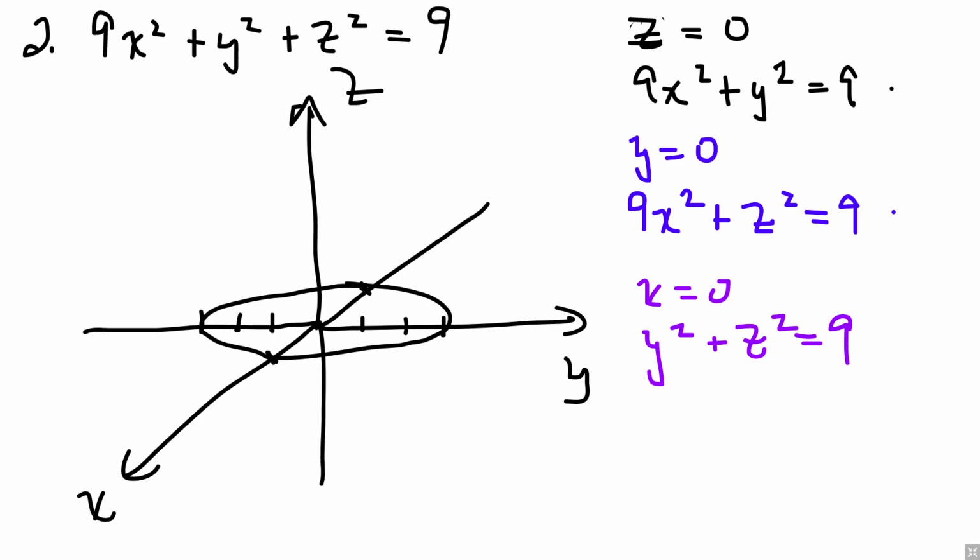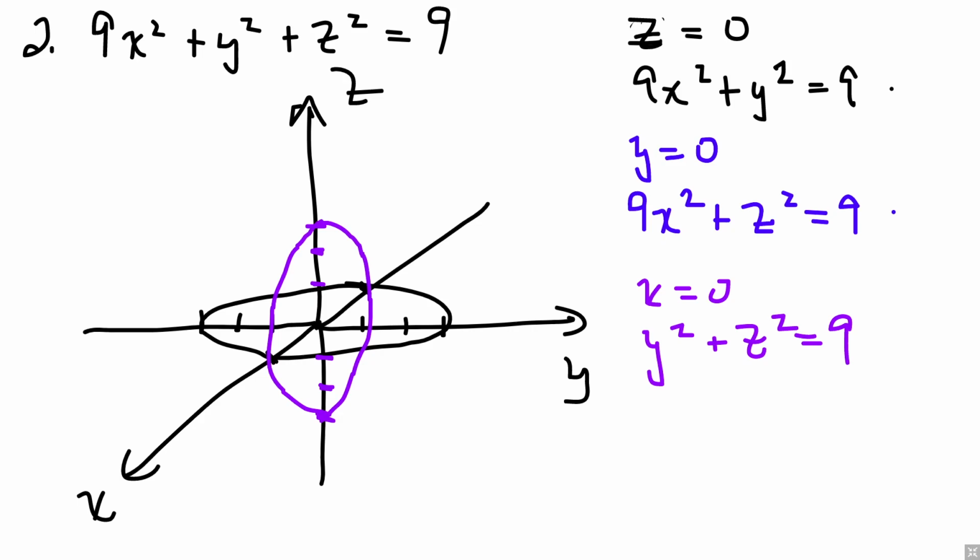On z, we're going to go 3 up and 3 down. And there's my ellipse in the xz plane.